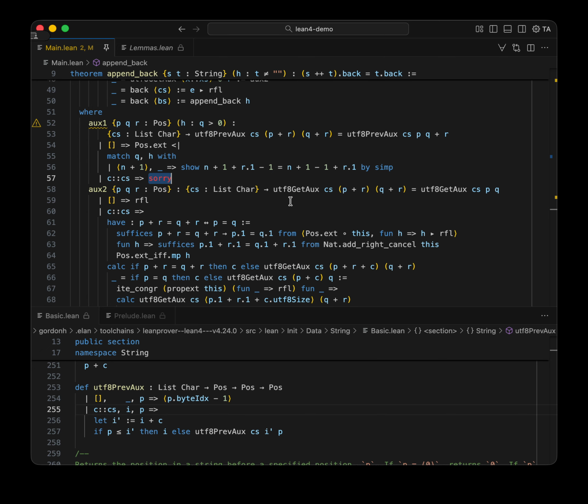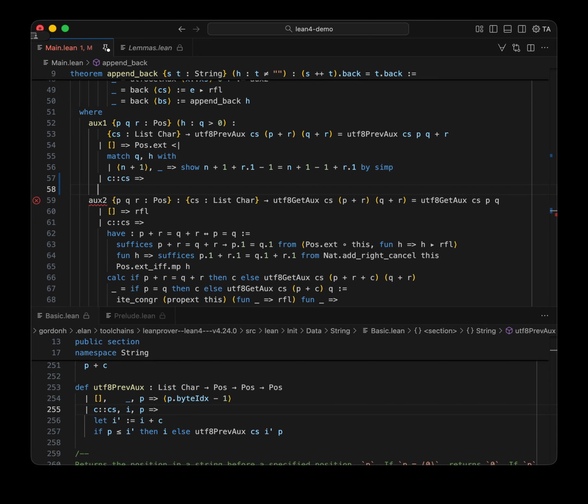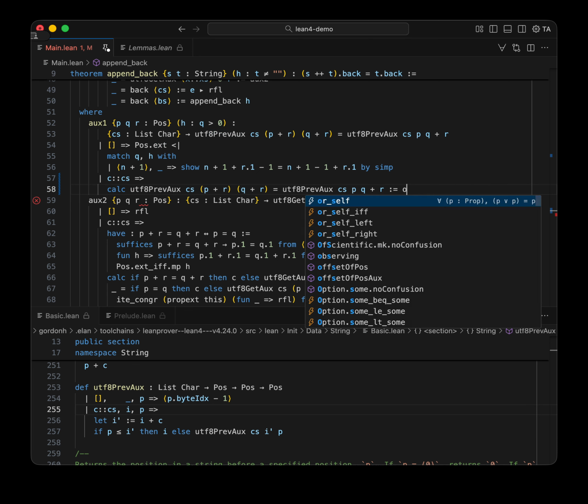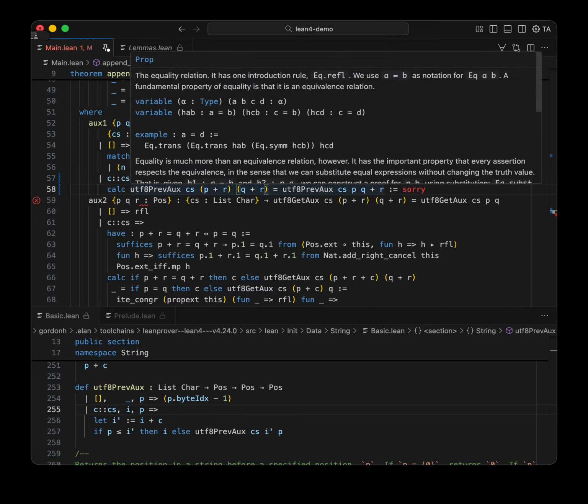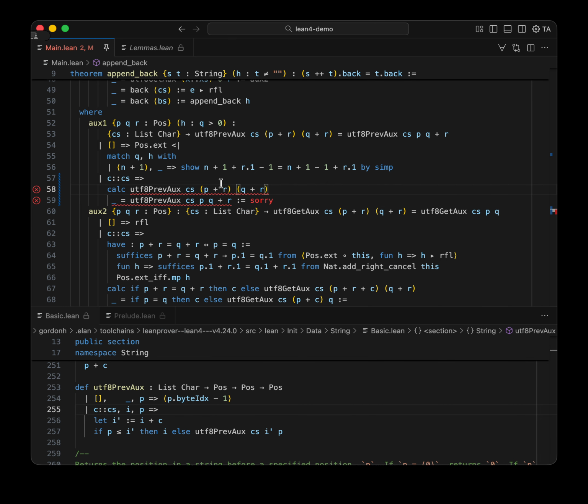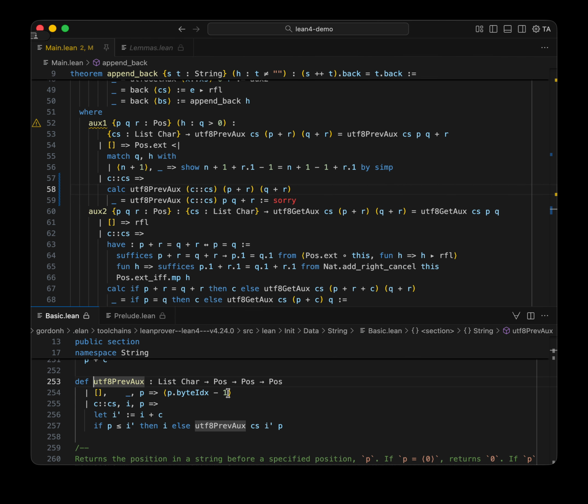Okay, now the inductive case. Right. Let's check the definition.